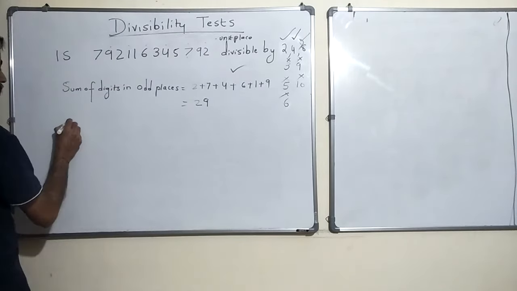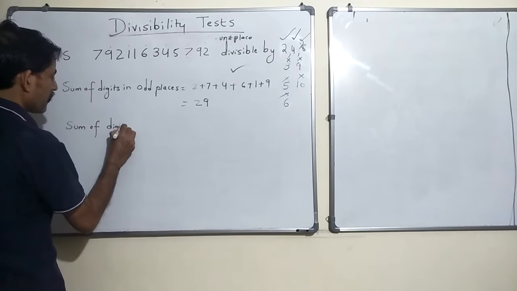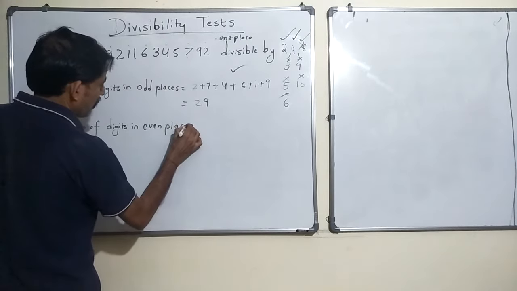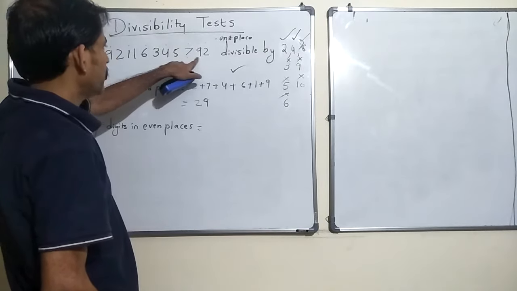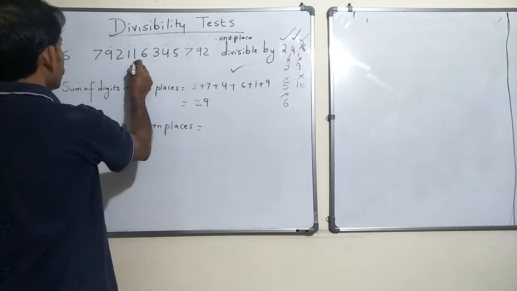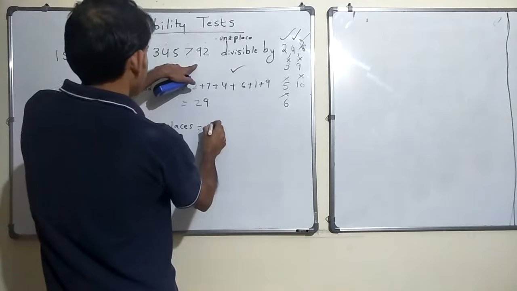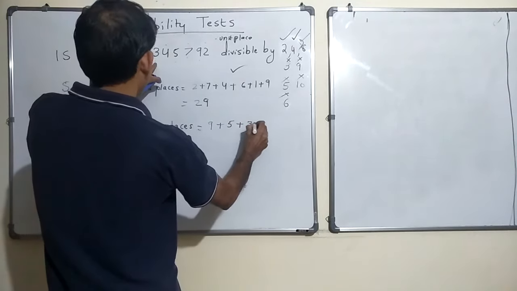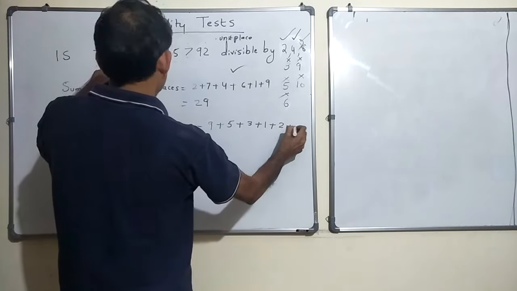Now sum of digits in the even places. This is the first place, this is the second place, fourth place. So we have to look at this, right? Okay, let's do it. 9 plus 5 plus 3 plus 1 plus 2 plus 7.